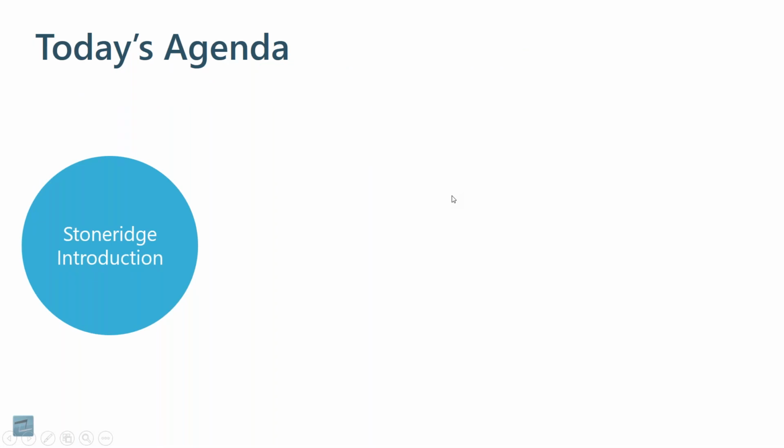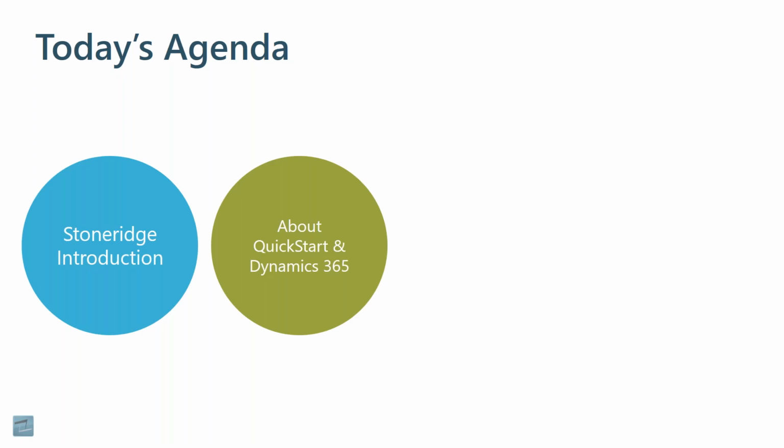All right. So for today's agenda, we'll go through the Stoneridge introduction, just giving you a background on the organization, where we've been, where we're going, a little bit of a team highlight, and a little bit about myself. We'll go through the introduction to QuickStart, some of those preliminary concepts, and then a little bit about Dynamics 365.